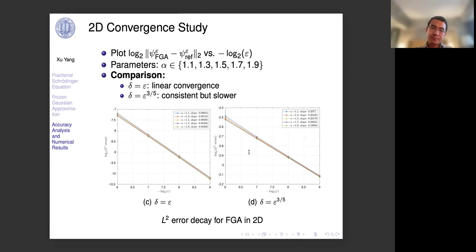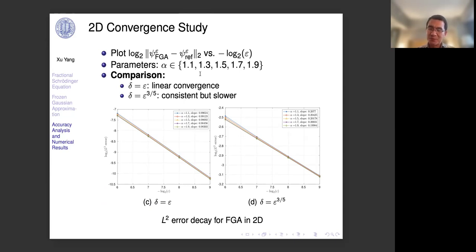This is the same thing that we did for the 1D. Essentially, the 1D and 2D differ just in the numerical implementation, and we use different initial conditions. 1D is just one Gaussian function in one dimension, and 2D is a Gaussian function in two dimensions.